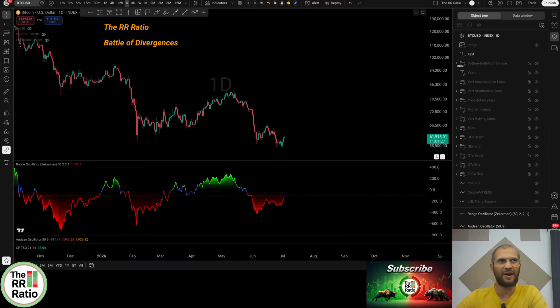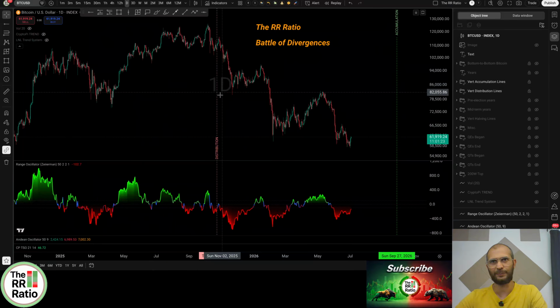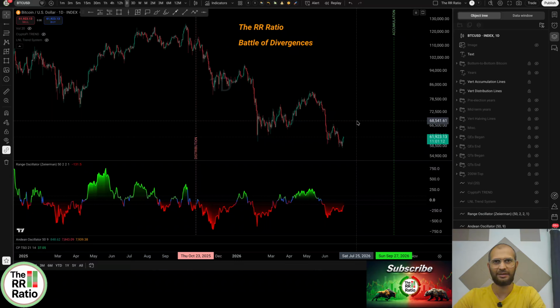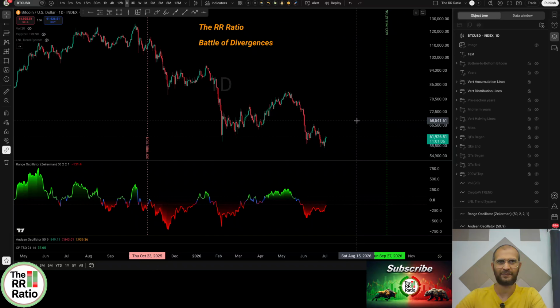But given that we are in the bear market, and we know from our model of distribution and accumulation lines that when the price is between these two, we are in a bear market, my bias is towards price going downwards in coming days.